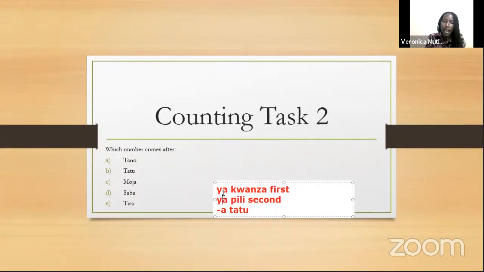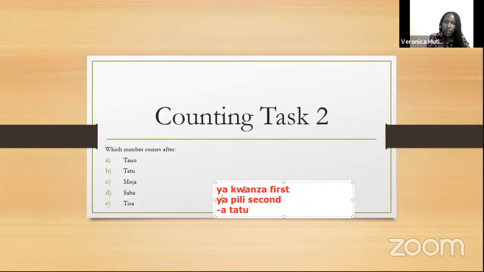For purposes of this class, we will be counting days of the week. So it will be ya kwanza, first, ya pili, second. And then we have ya tatu, ya nne, just like the normal cardinal numbers that we have said. Just the first and the second have a different phase.